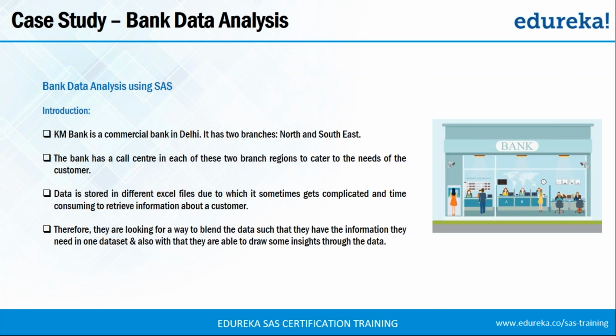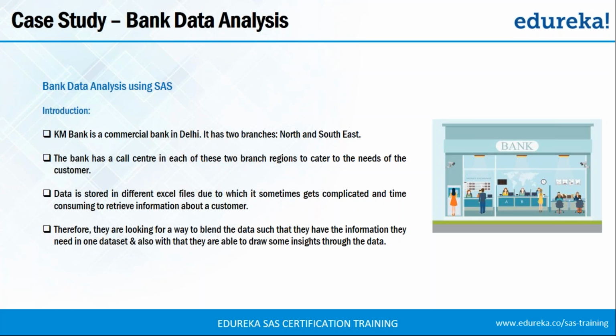KM Bank is a commercial bank in Delhi. It has two branches, north and southeast. The bank has a call center in each of these two branch regions to cater to the needs of the customer. Data is stored in different Excel files, due to which it sometimes gets complicated and time-consuming to retrieve information about a customer.